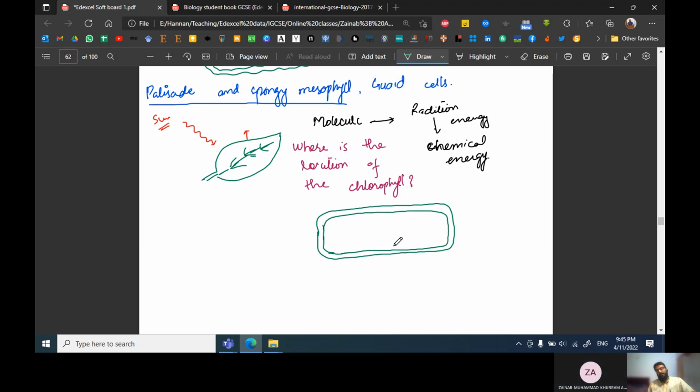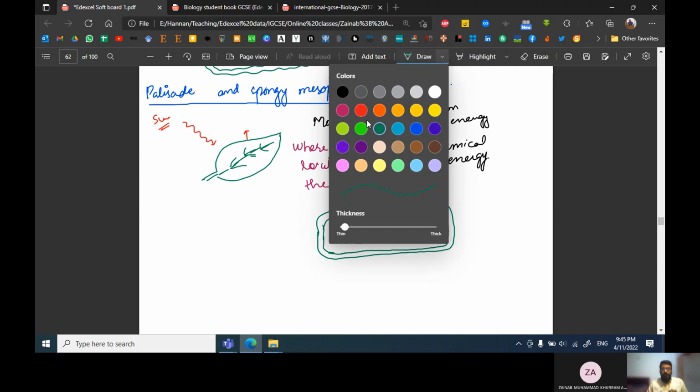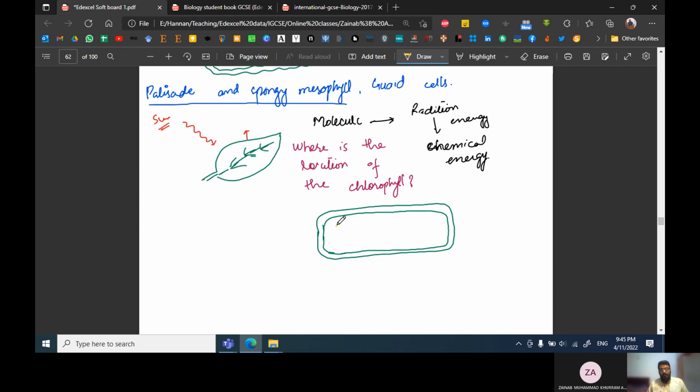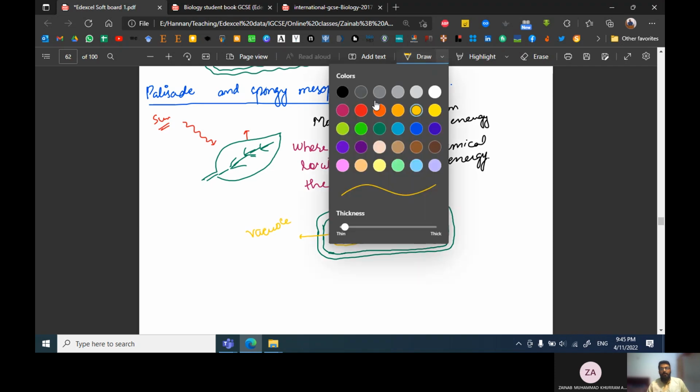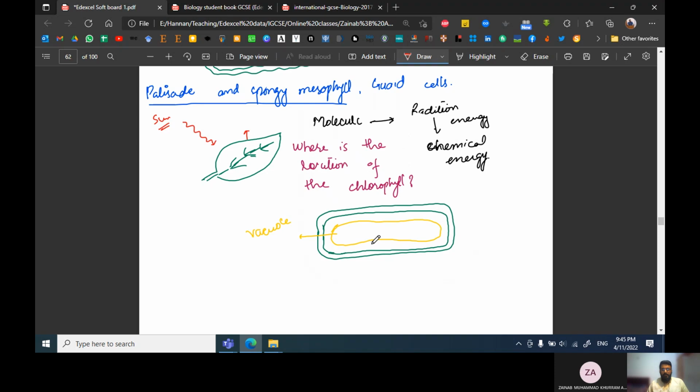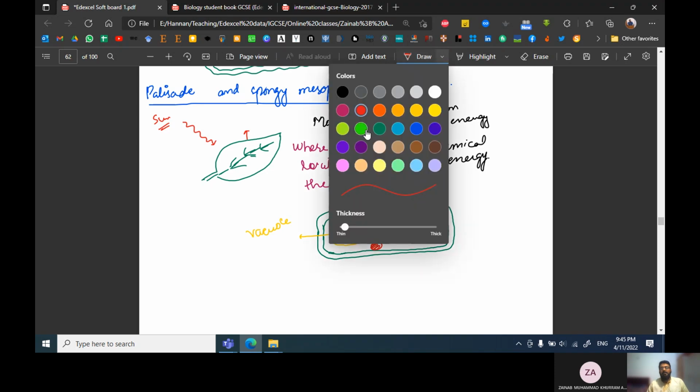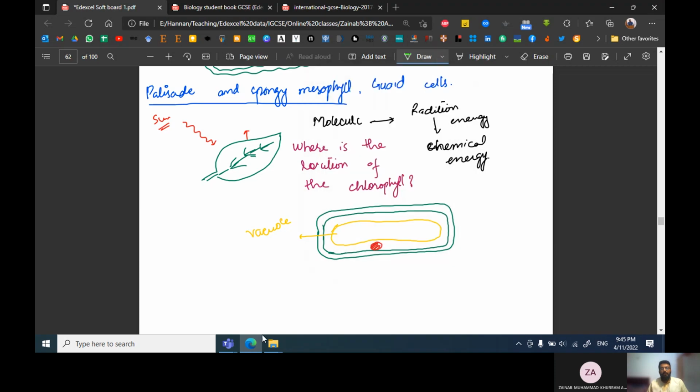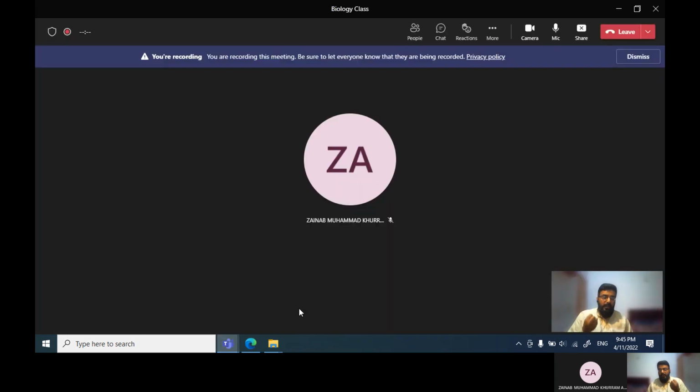Not the chlorophyll. This is why we must have an idea of the presence of the chlorophyll. For example, this is the vacuole of the plant. And now I'm going to describe the position of the nucleus, which is very important. The position of the nucleus is on the side. But what is the important part that actually relates to the presence of chlorophyll?